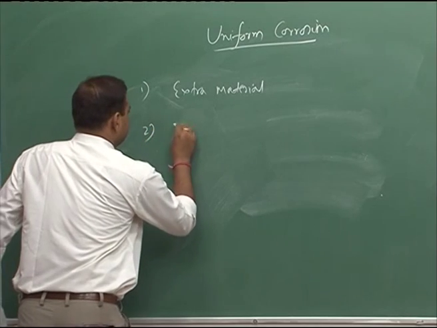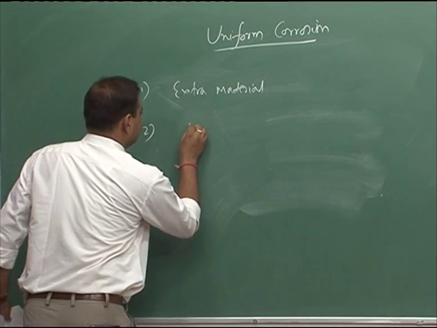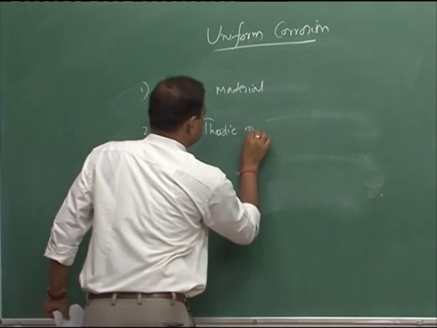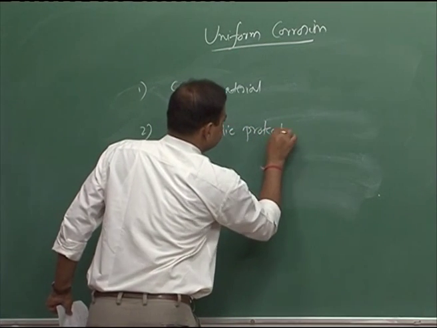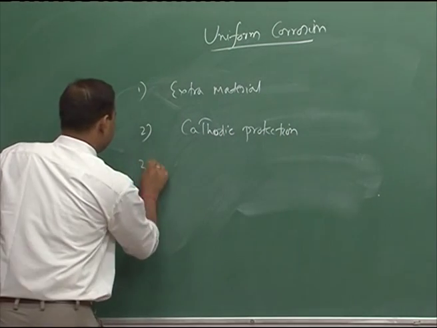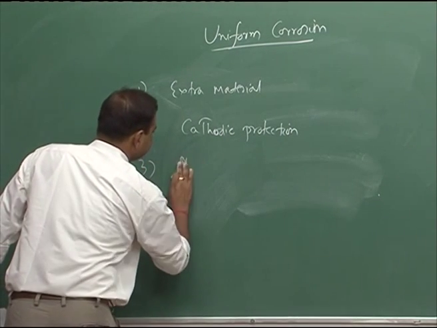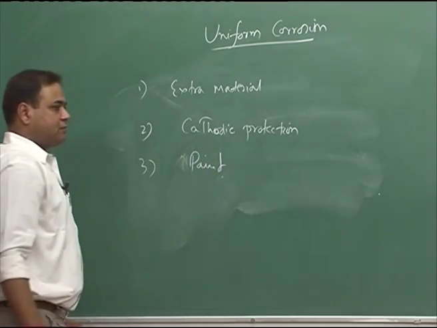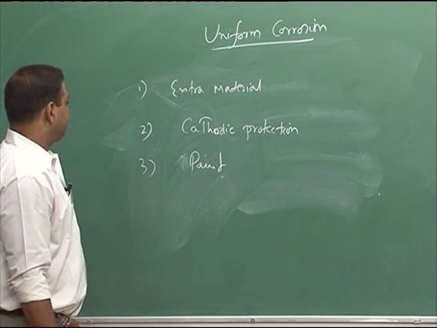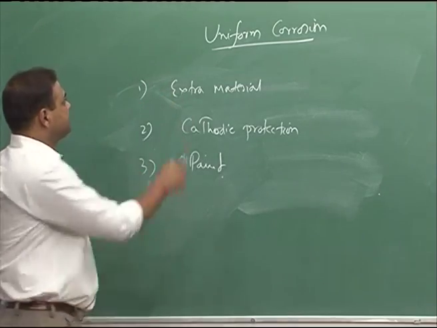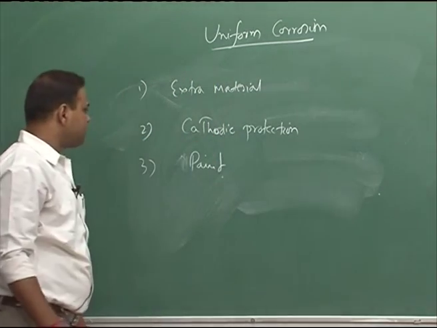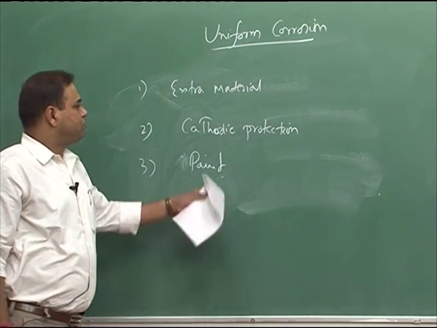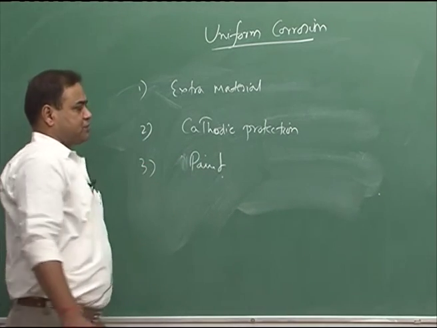Second, you can have cathodic protection. Paint will work nicely here. Painting would be great in taking care of or controlling uniform corrosion. So, these are the common methods which can protect against uniform corrosion.